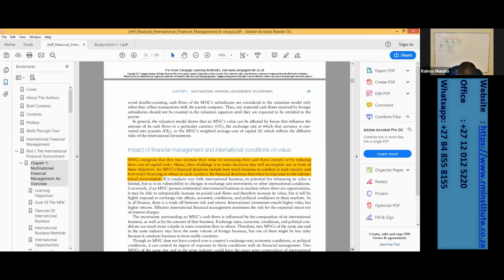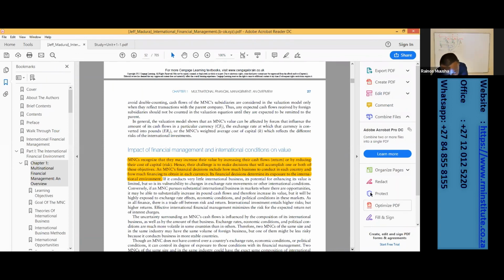Hence, their challenge is to make decisions that will accomplish one or both of these objectives. So a multinational corporation's financial decisions include how much business to conduct in each country and how much financing to obtain in each currency. So its financial decisions determine its exposure to the international environment.